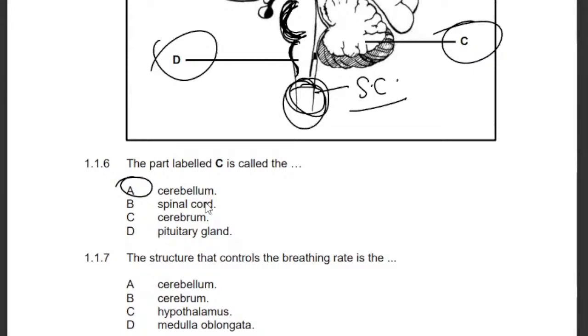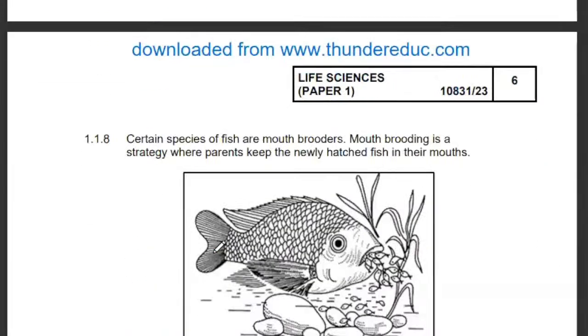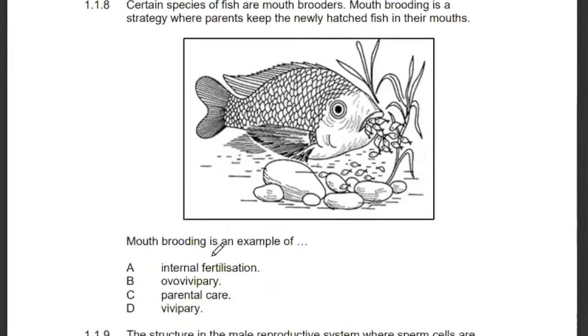Because you don't have control over the initial breathing rate. Someone can say that I can stop breathing and I can continue breathing. But when you're sleeping, you don't have control over your breathing. Therefore, the answer is medulla oblongata. Therefore, you get 2 marks there and also 2 marks there. I always tell students that there is no way you can leave an objective unanswered.